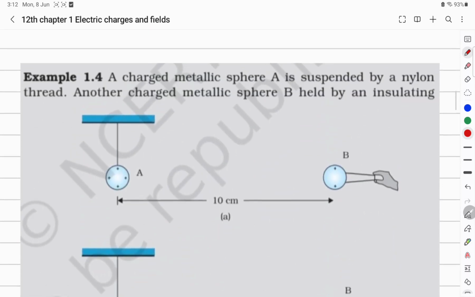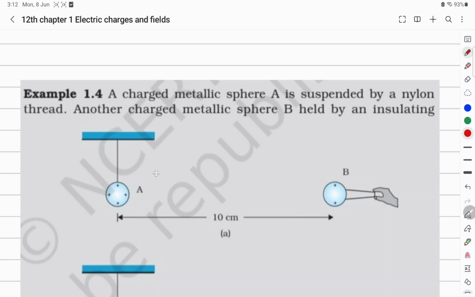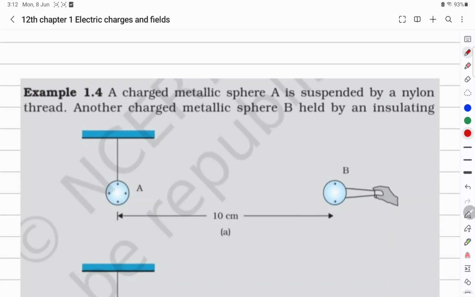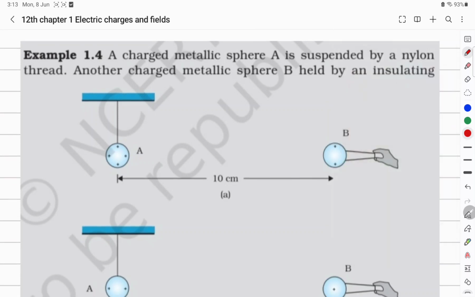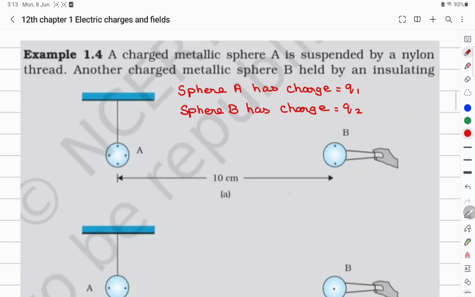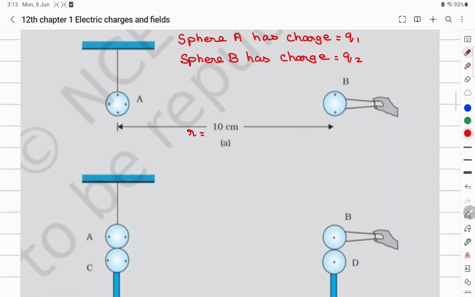So in the initial situation, see figure A, sphere A has the charge Q1 and sphere B has the charge Q2, and the distance between the centers is 10 centimeter, which is the value of R. So we know that the electrostatic force F is equal to K Q1 Q2 by R square.